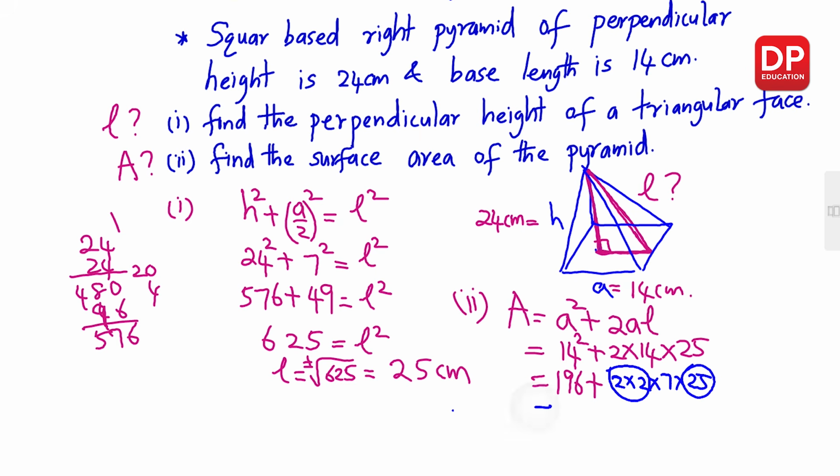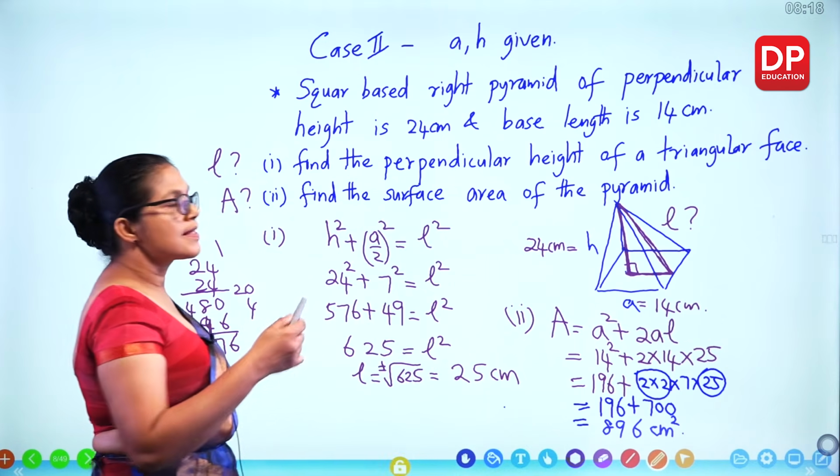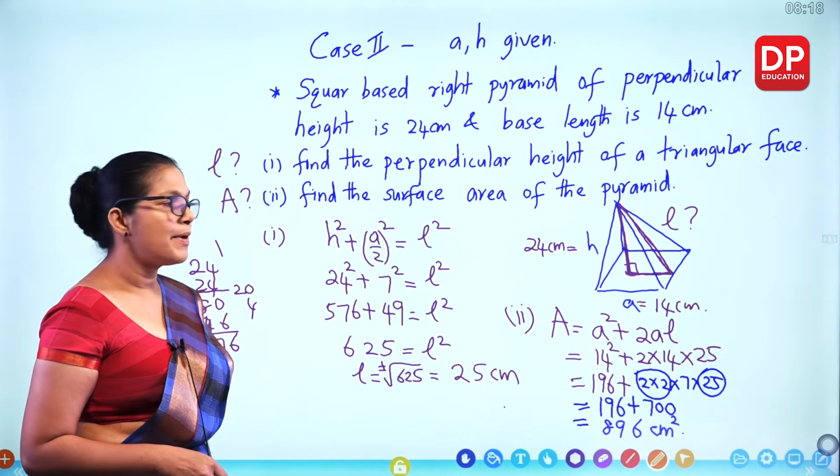Easily you can multiply and get the value. So 196 plus 700. What's the total? You get 896 square centimeters for the surface area of this pyramid.